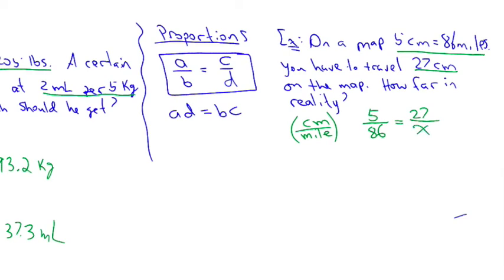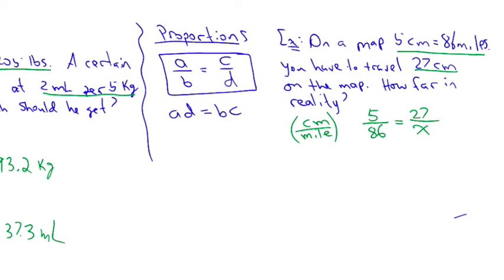You want to keep your fractions always centimeters over miles, no matter what happens. Is it wrong just to write the units beside it, like in parentheses, 5 centimeters over 86 miles?